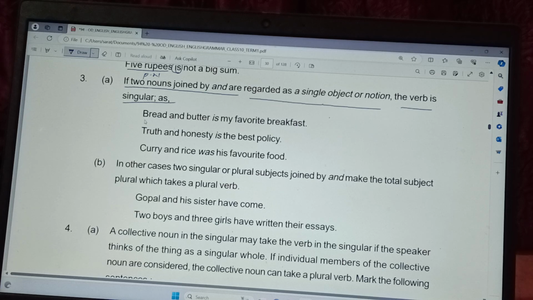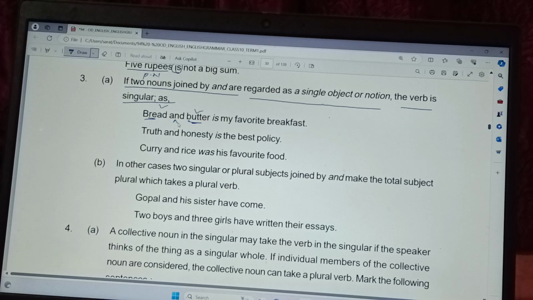Guys, bread and butter. Bread is a noun, butter is also a noun. But the two nouns are joined by and, and they are considered as a single notion.